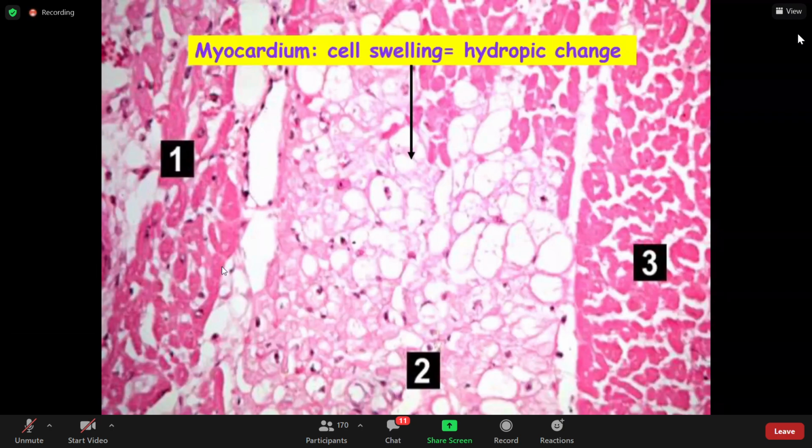what you're going to find is that, depending on the closeness to the site of origin, let's say this is where the most superficial part of the myocardium is. So this is where the coronary artery is cruising, or close by.